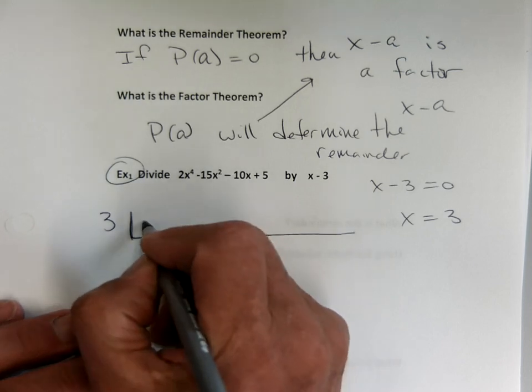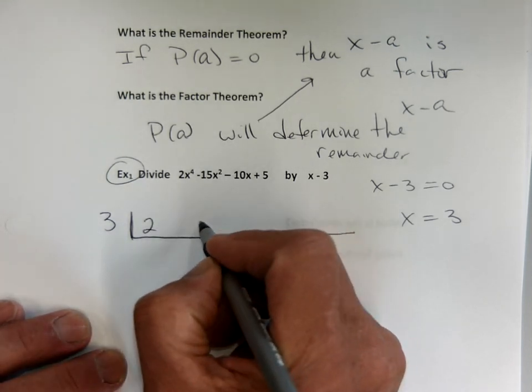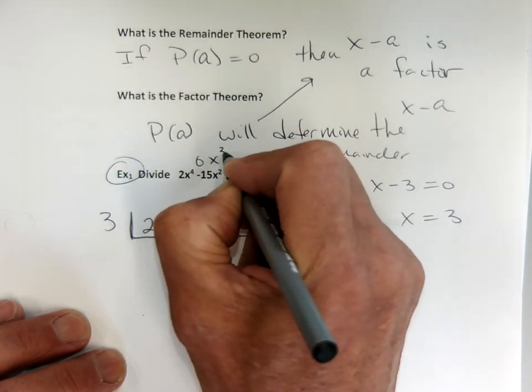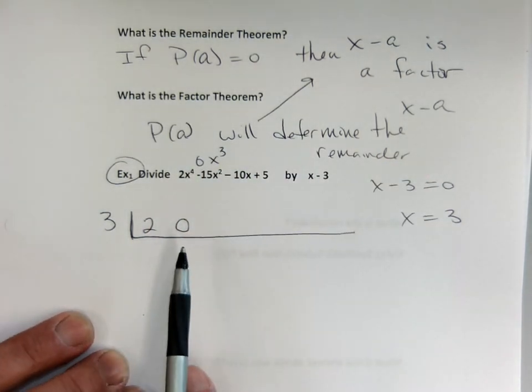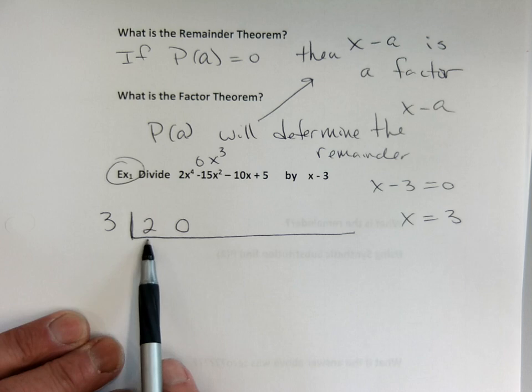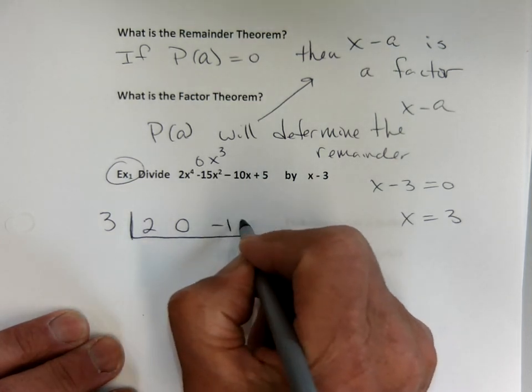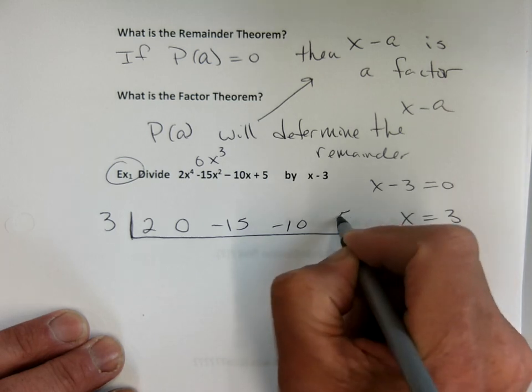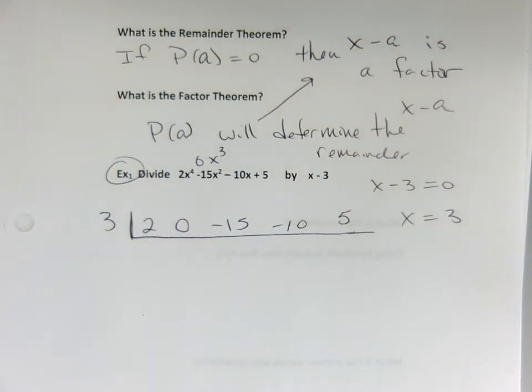We're going to go 2, 0, because there's 0x cubed. Everybody get that? You have to have a place value there, okay? 2, 0, -15, -10, and 5, okay? Everybody good?